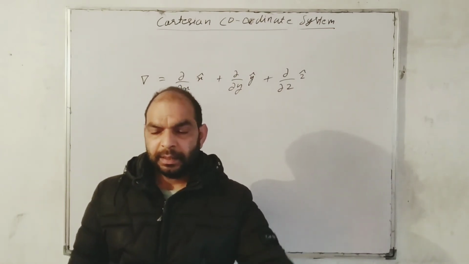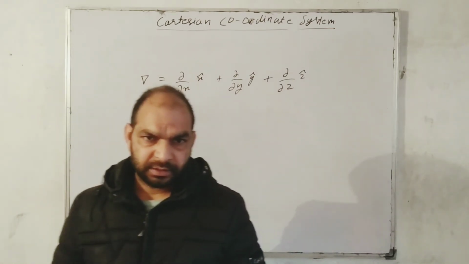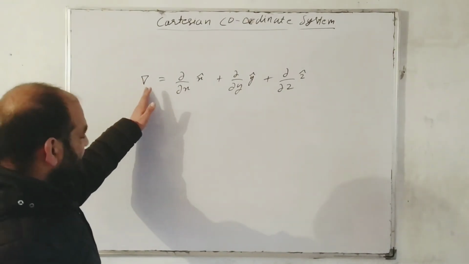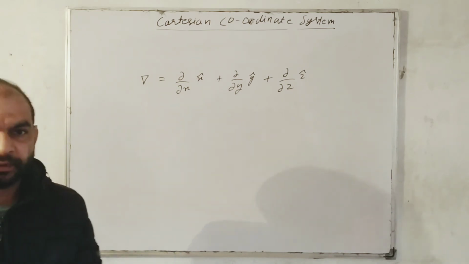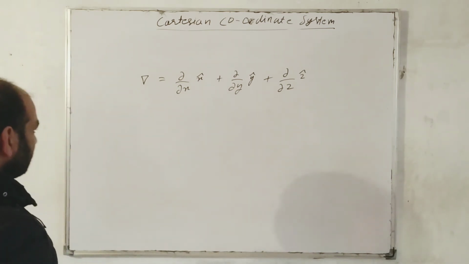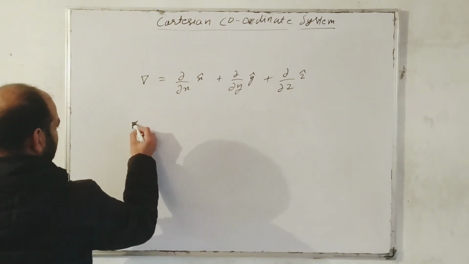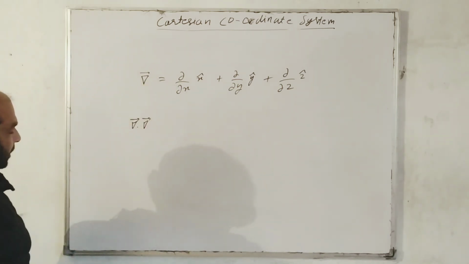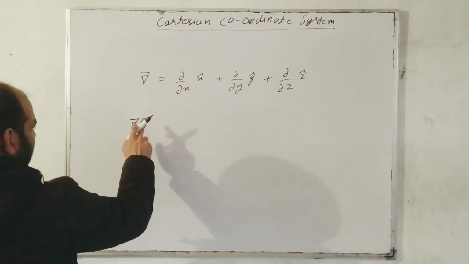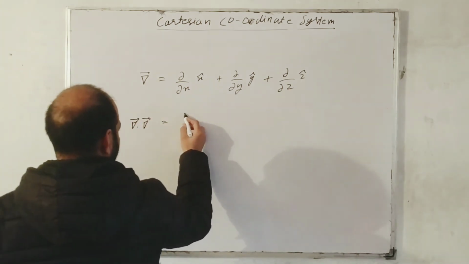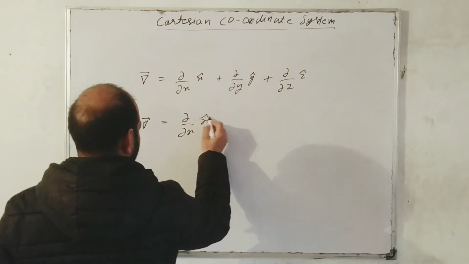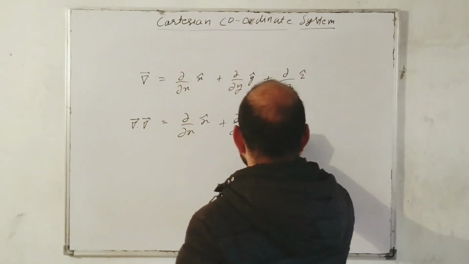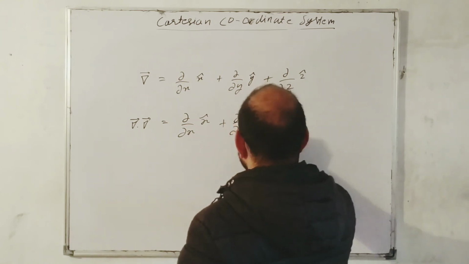Next is the Laplacian in the Cartesian coordinate system. Laplacian means the dot product of this del with itself. Actually it is a vector, so if we do the dot product of del with itself, it will become ∂/∂x x cap plus ∂/∂y y cap plus ∂/∂z z cap.